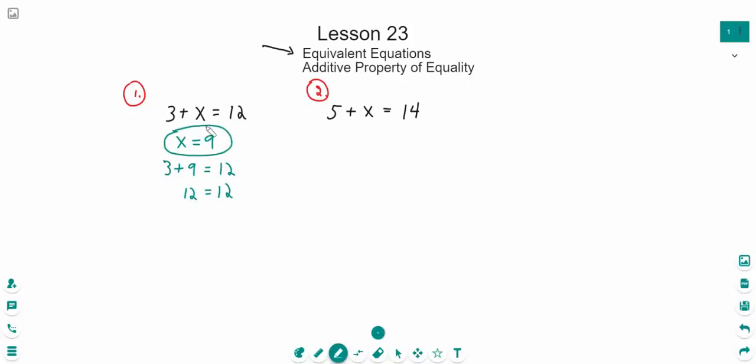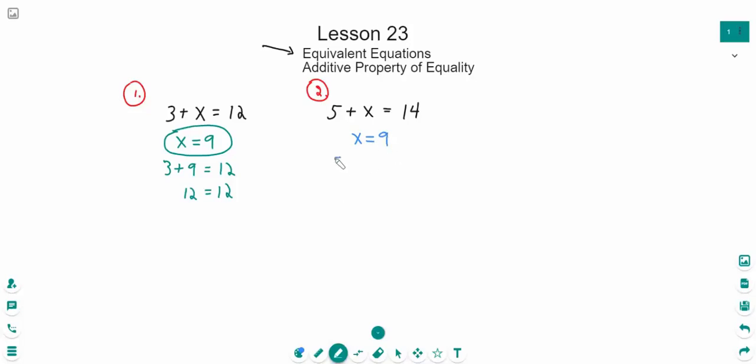In fact, it's the only solution. There's nothing else that I could plug in for x here that would equate to a 12 when it's added to a 3. So that is our solution for that equation. Now let's go to the next one. And in this next one, again, if we think about it a little bit, we'll recognize that x is actually a 9 as well, right?